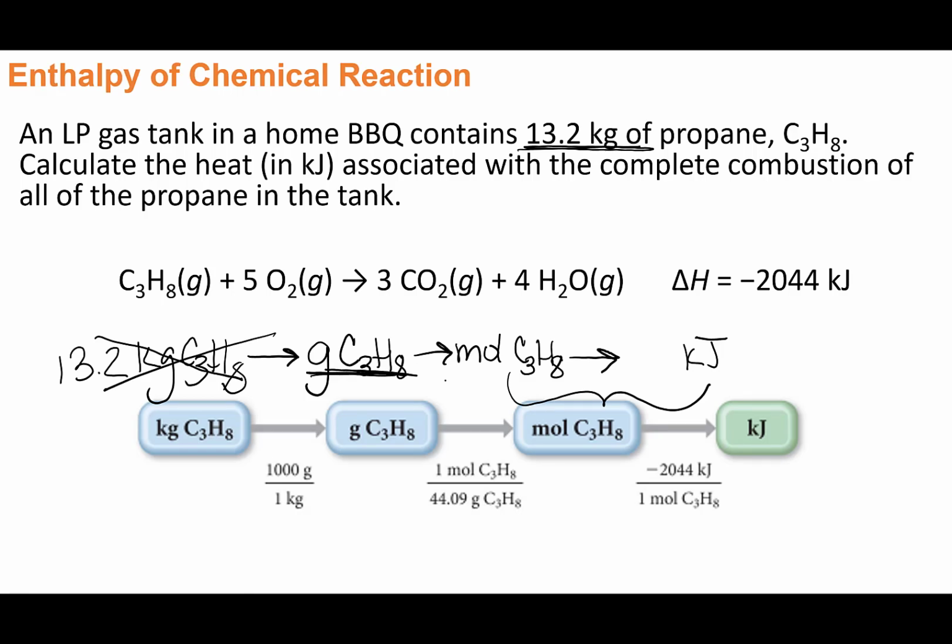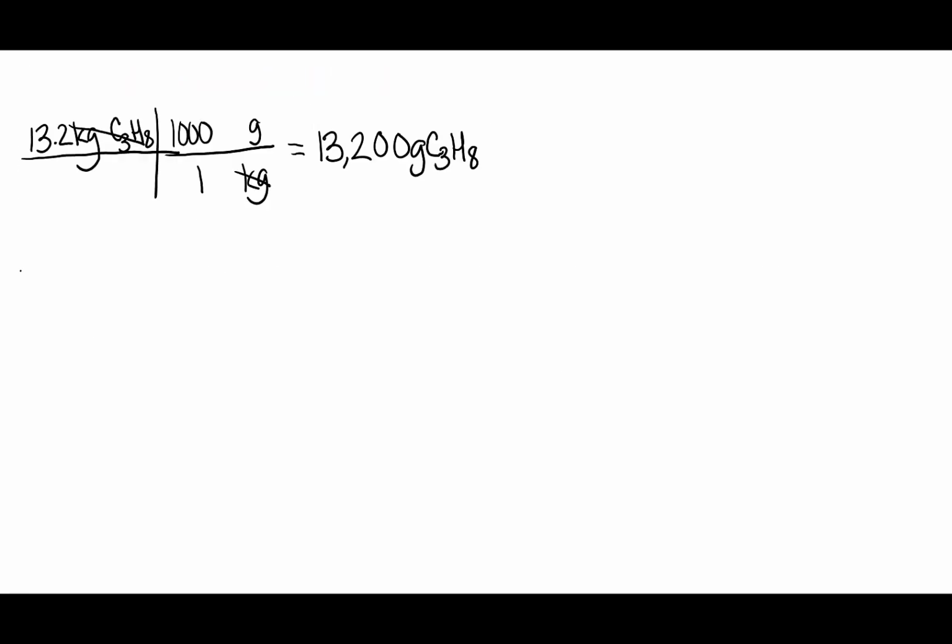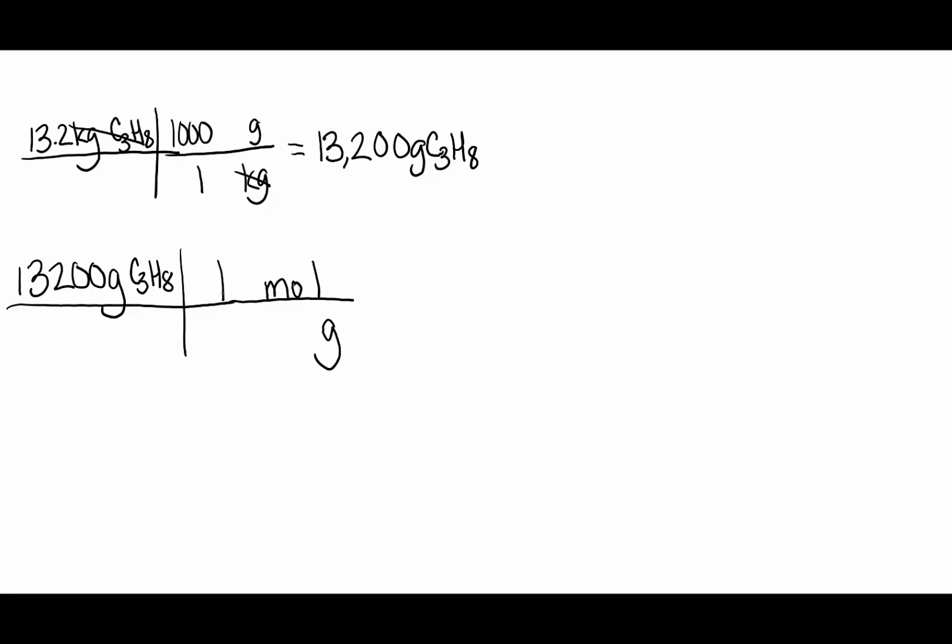Step 2 is to go from grams to moles. To do that, I'm going to take my answer from the first step, start a new train track, and do the grams to moles conversion. So grams on the bottom, moles on the top, 1 mole.